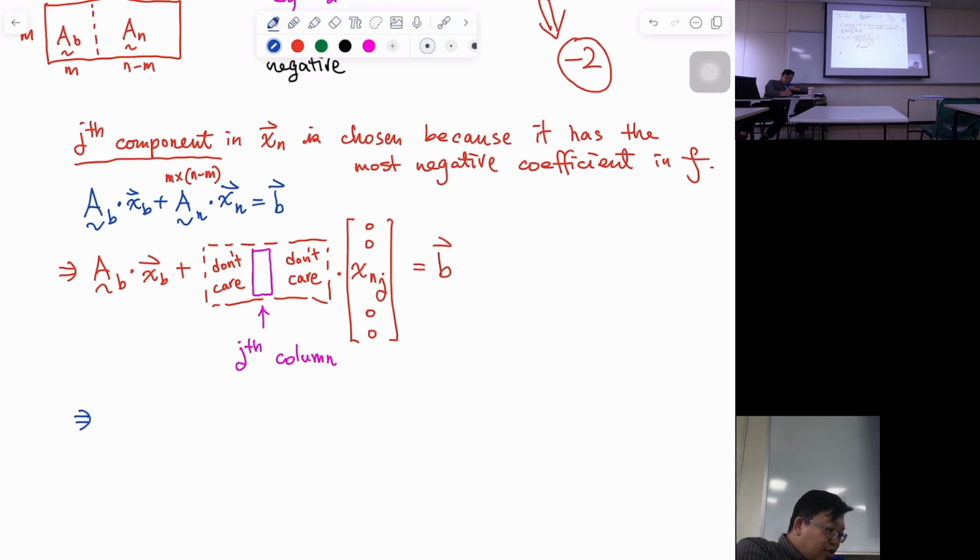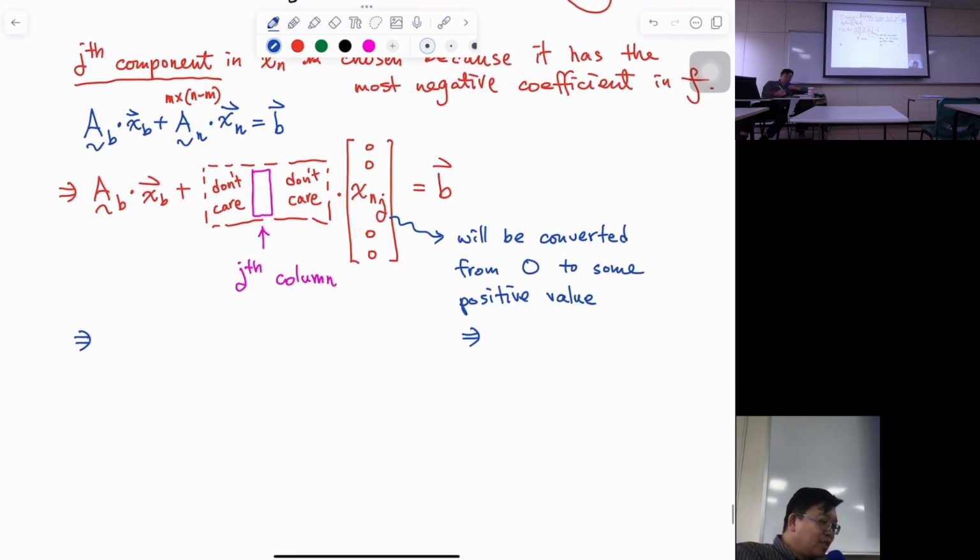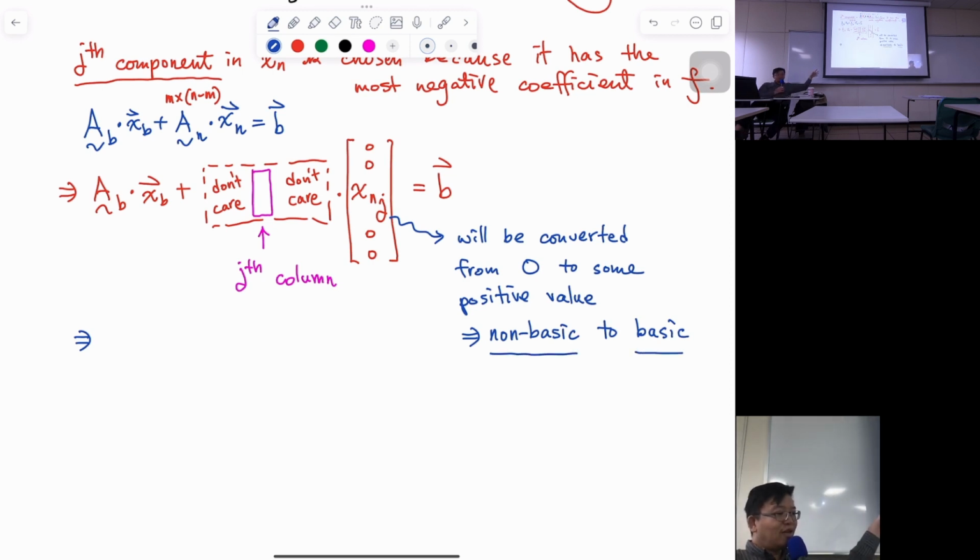And this one will be converted from 0 to some positive value. So basically, it will be converted from non-basic to basic. Because the non-basic ones, they are 0. I convert this one to be basic later on.